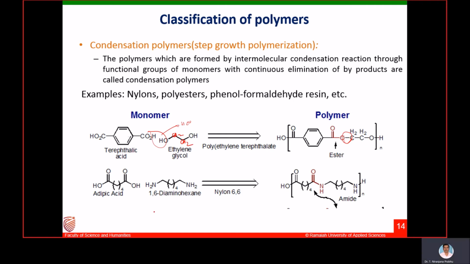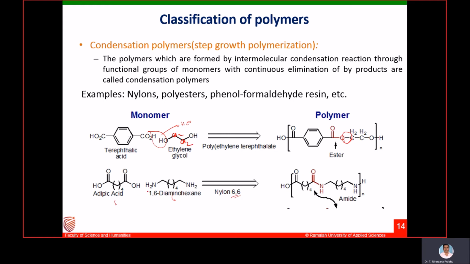Then another example, let's say this is a polyamide. This is adipic acid where 6 carbons are there. Okay, diamino hexane or hexamethylene diamine, which is again a 6 carbon molecule. So that is why nylon 6,6 is forming. This 6,6 refers to this is having 6 carbon, this is having 6 carbon.